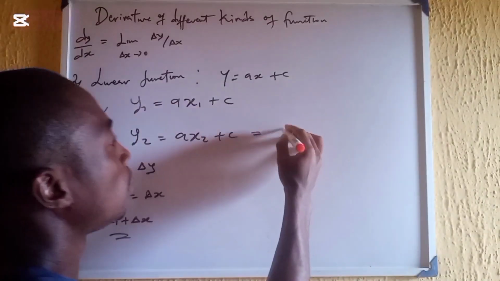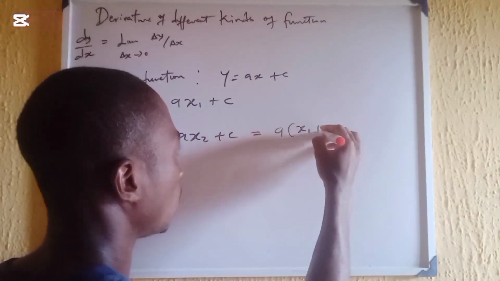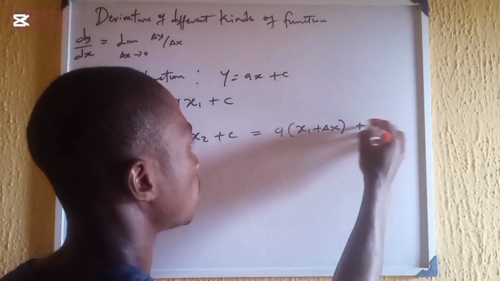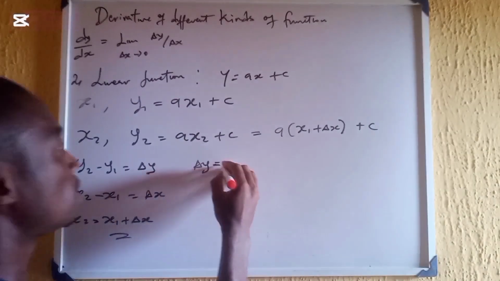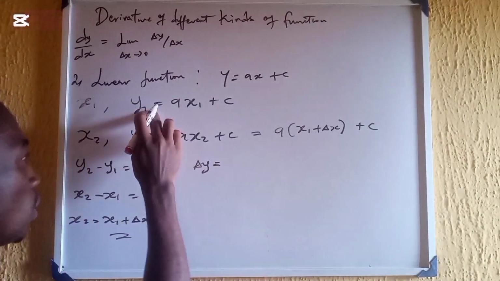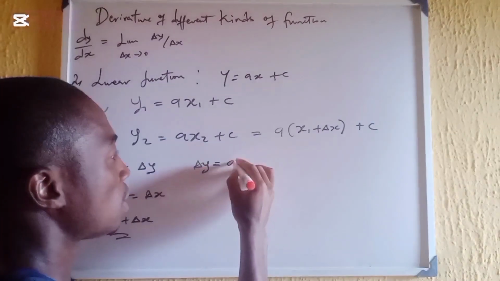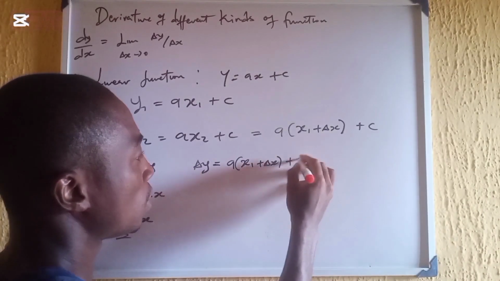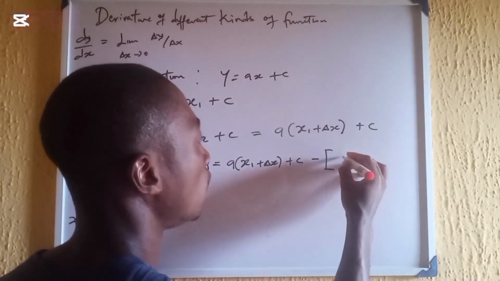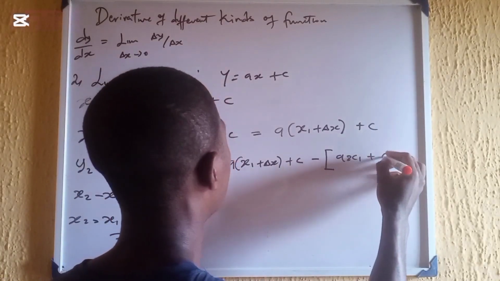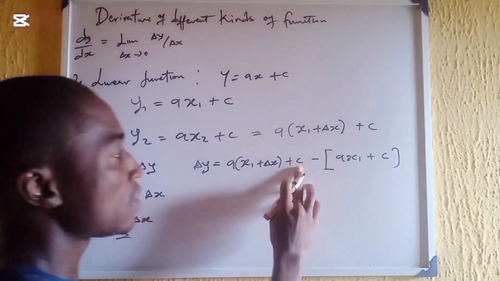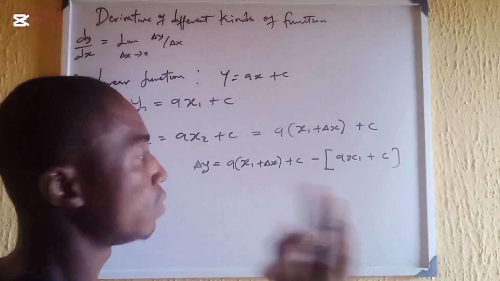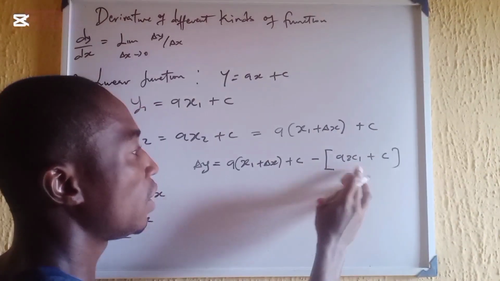We'll have a into x1 plus change in x, plus c. And change in y is equal to y2 minus y1. That gives us a into x1 plus change in x plus c, minus ax1 plus c. So we're having c here, we're having c here. Both will cancel out.